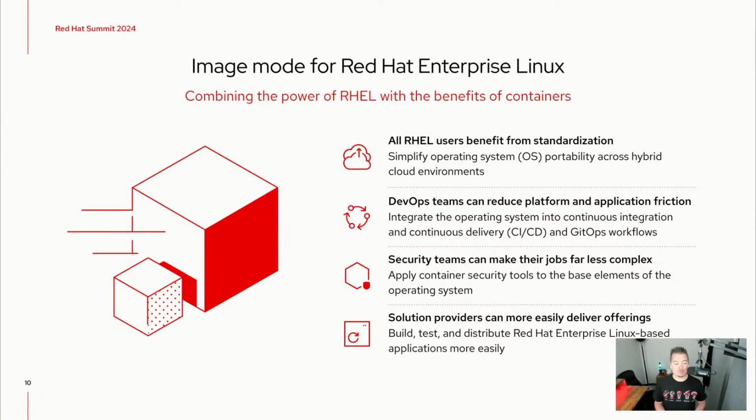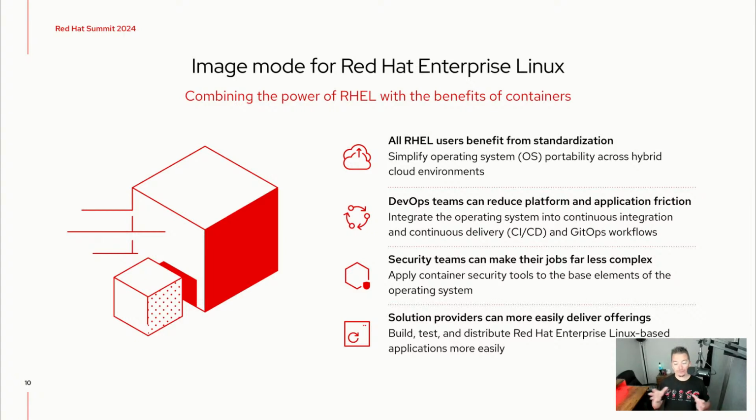First off is image mode. I mentioned this in my top picks. Image mode for Red Hat Enterprise Linux. Think of building an operating system using containerized methodologies, containerized tools. So image mode for RHEL uses bootc images, which stands for bootable containers.